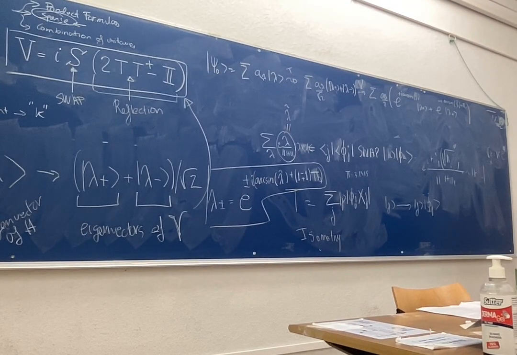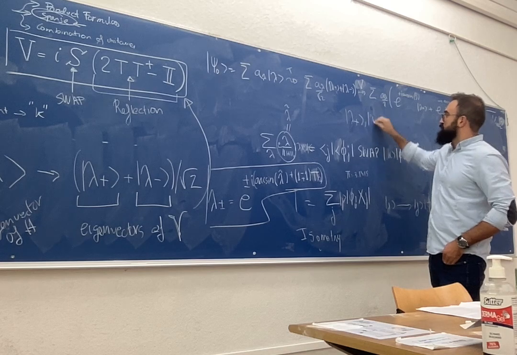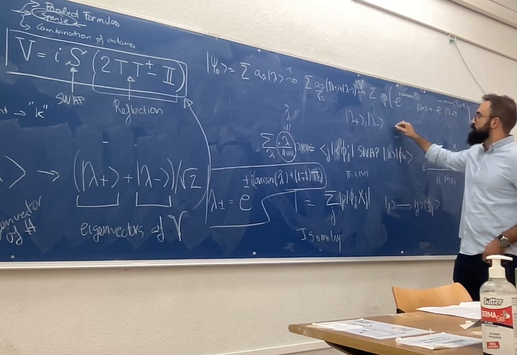Yeah, the lambdas are eigenstates of H, but what distinguishes plus from minus? They are just eigenstates of V. The plus and minus are eigenstates of V. Okay, so the eigenstates of H are also eigenstates of V?